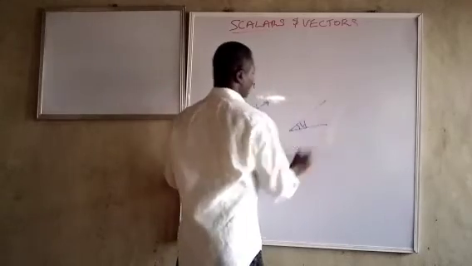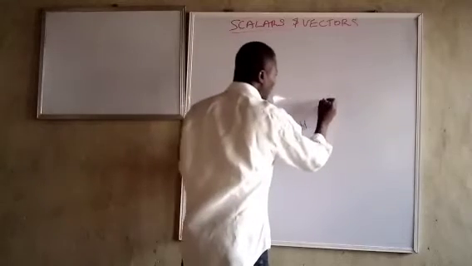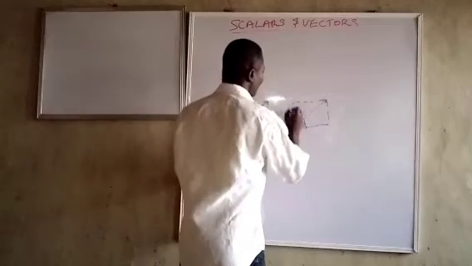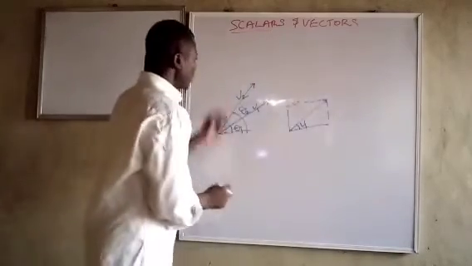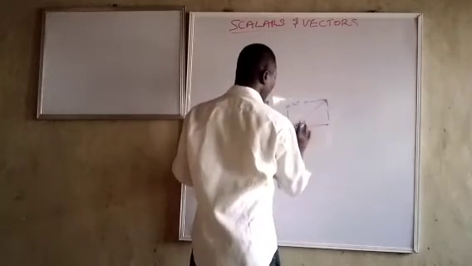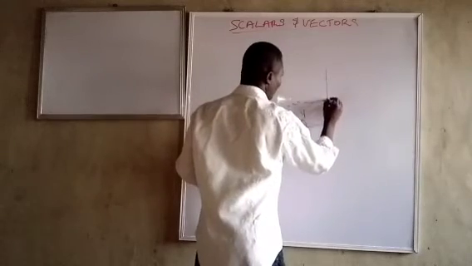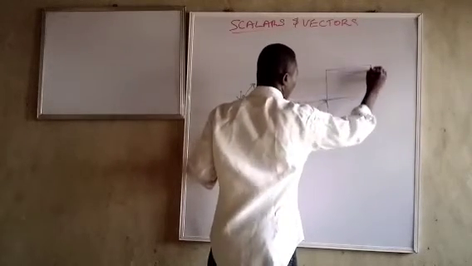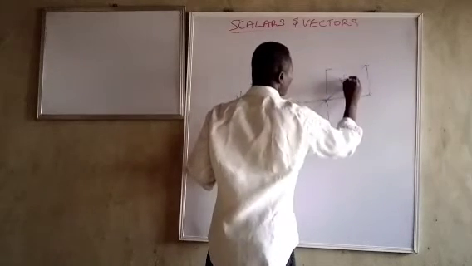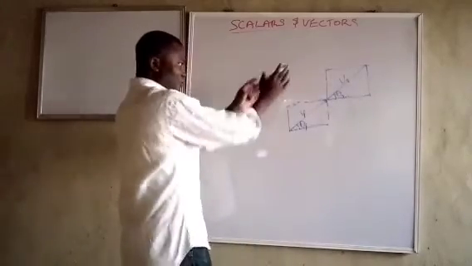To make it easy for us, just make a plane like this for V1, and for V2, bring another plane to carry it. This one will be V1, theta 1. This one too will be V2, theta 2. Just make it like you are carrying different planes.